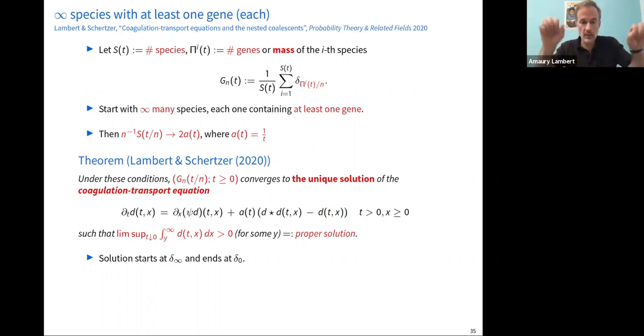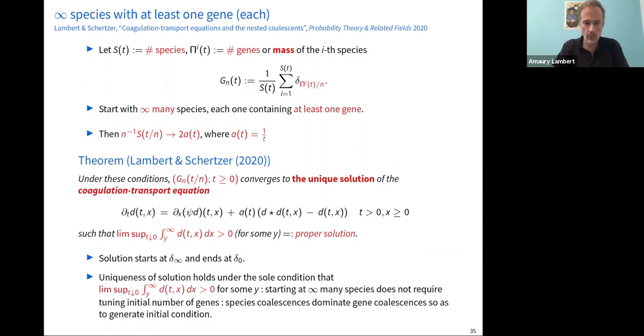So you see that in each species, the number of genes is decreasing, like the solution to x dot equals minus psi of x. And you have this coagulation between species that results in the coagulation term in the PDE. So the solution to this PDE starts at delta infinity and ends at delta 0, thanks to the transport and with coagulation going on the way.